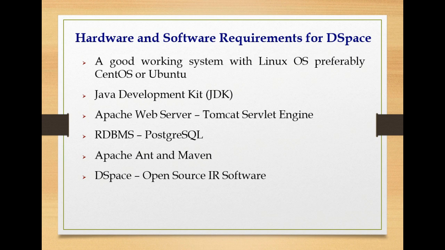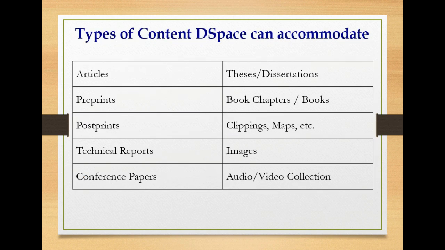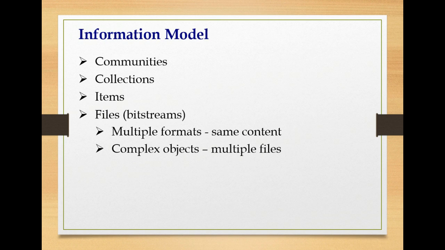And these are the types DSpace can accommodate: article, thesis, preprint, book chapters, postprint, clippings, maps, technical reports, images, conference papers, audio video collection, and many more. And this is the information model, you can say data model also, how it works.